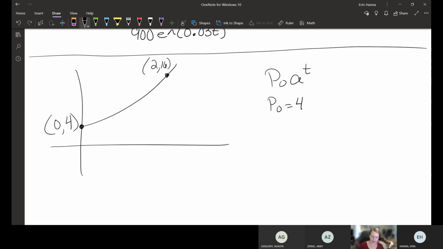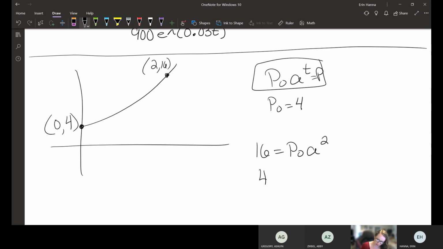Okay, so if I write them both in this format, we'll have 16 equals, I technically know what P naught is, but I don't need it, so let me just not write it. If you'd rather put it in there, you can totally do that. And we have 4 equals P naught a to the 0, and we're going to divide these two equations.